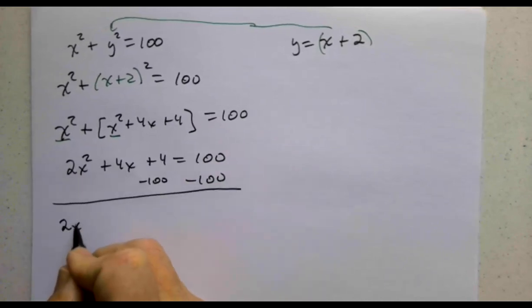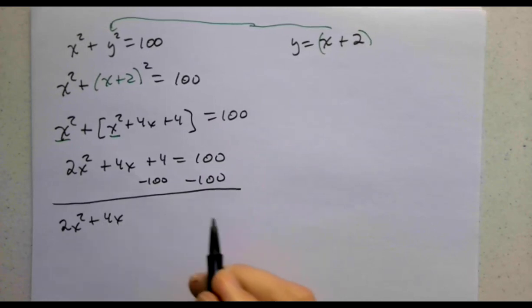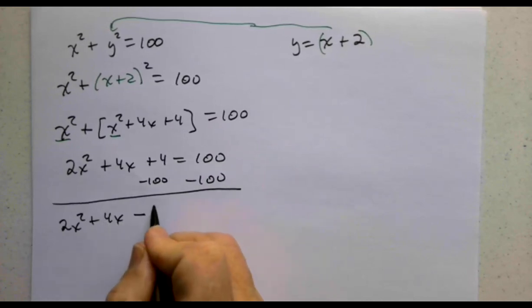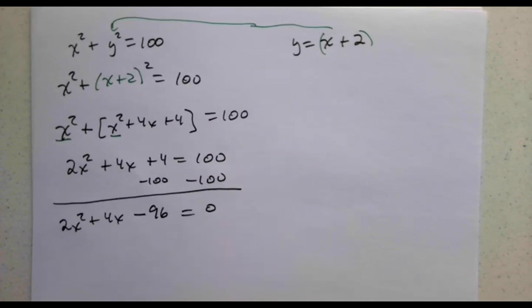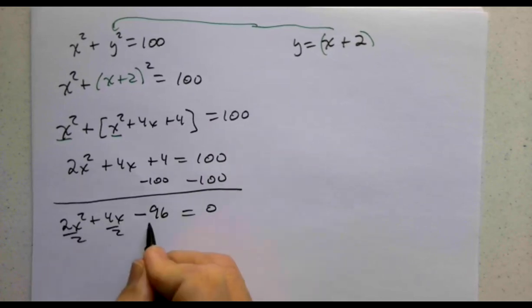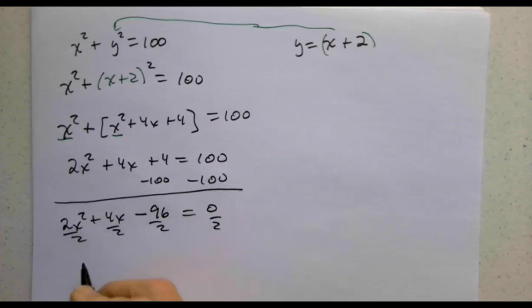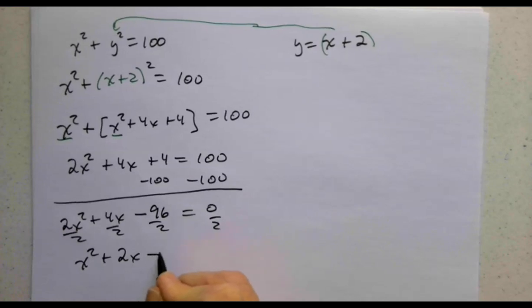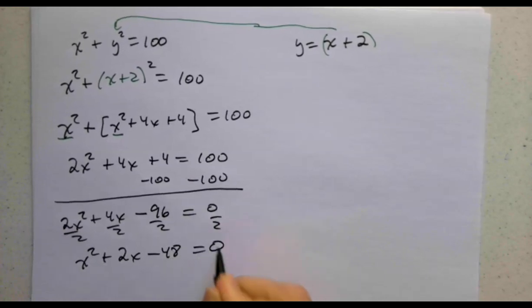Now we have 2x squared plus 4x minus 96 equals 0. Then I can divide both sides by 2, and I get x squared plus 2x minus 48 is 0. And then that's what I need to factor.